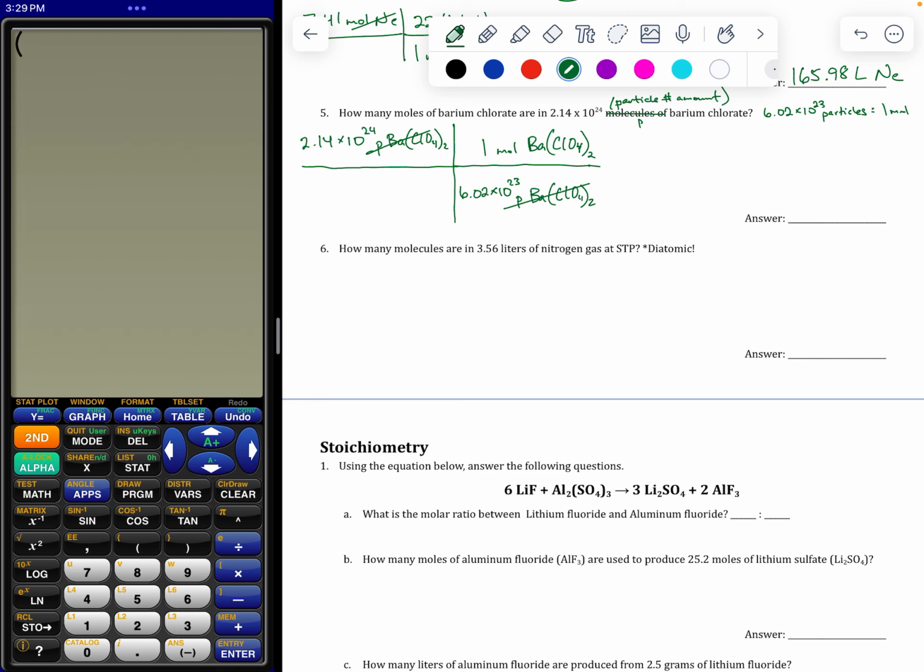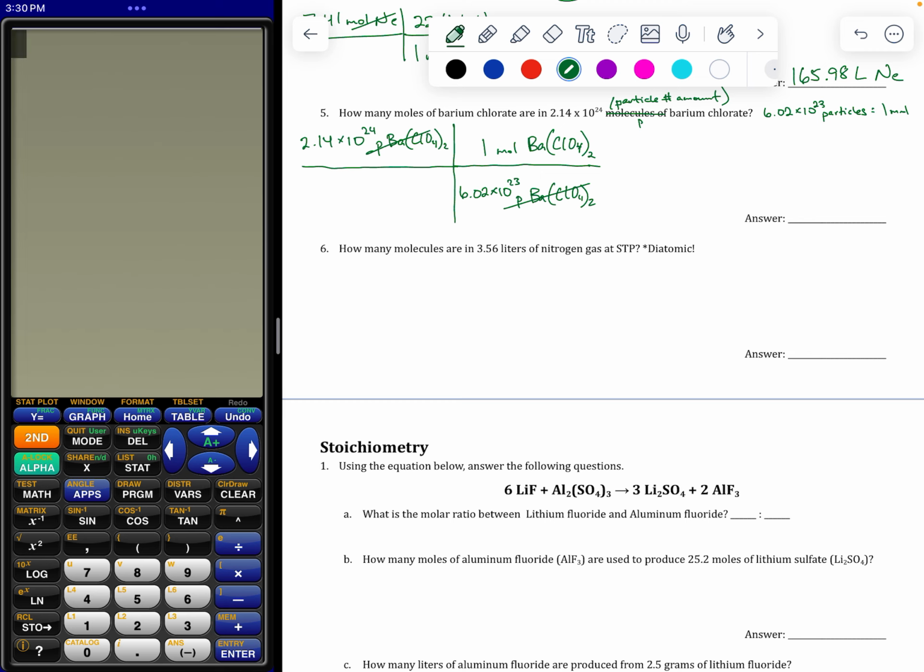So remember when you have these scientific notation values, you want to use parentheses. So 2.14. You could do this one of 2 ways. You could do times 10 to the 24th, but you got to make sure that you reset that parentheses. Or what I think is easier for most of these calculators, you could also just make that a 10, use the caret, and say 24. So you could do this a bunch of ways.